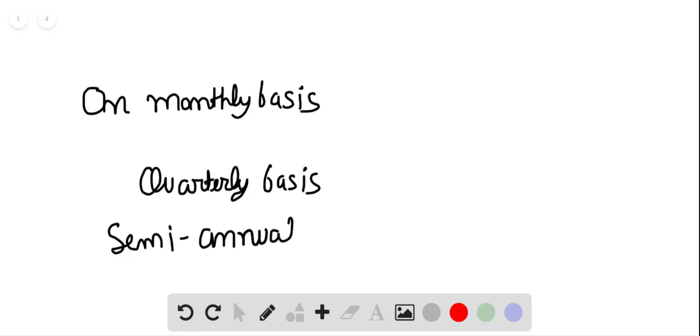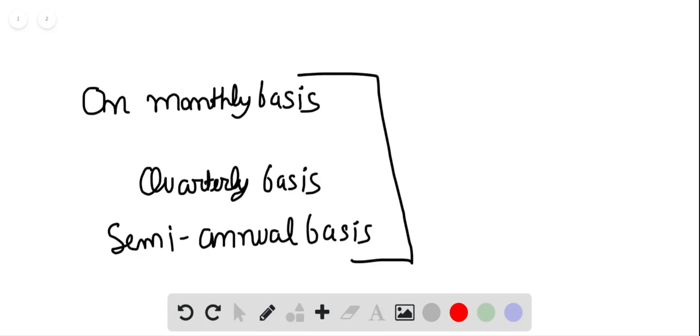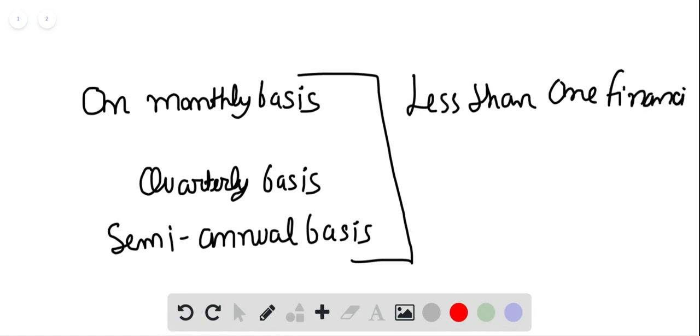Semi-annually means half year, okay. So these are the periods which are less than one financial year, okay. So there are lots of instances where the entity is required to prepare financial statements for these three types of periods.